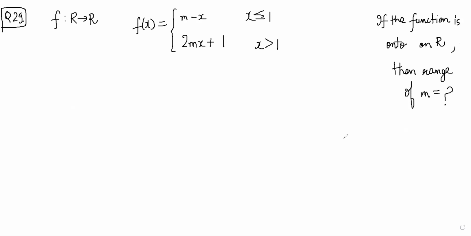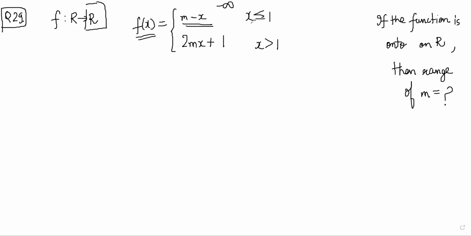Okay. A function is said to be onto, that means the range of this function is supposed to be real numbers, right? So what will we do to make it onto R? The function is onto on R. So my m minus x will go till minus infinity, no?